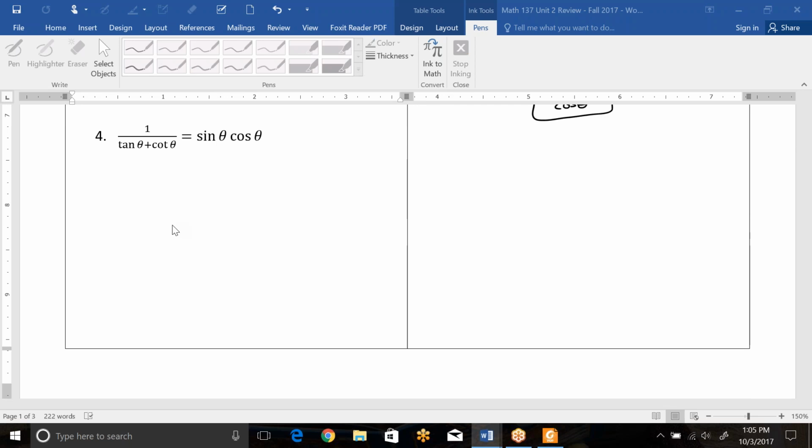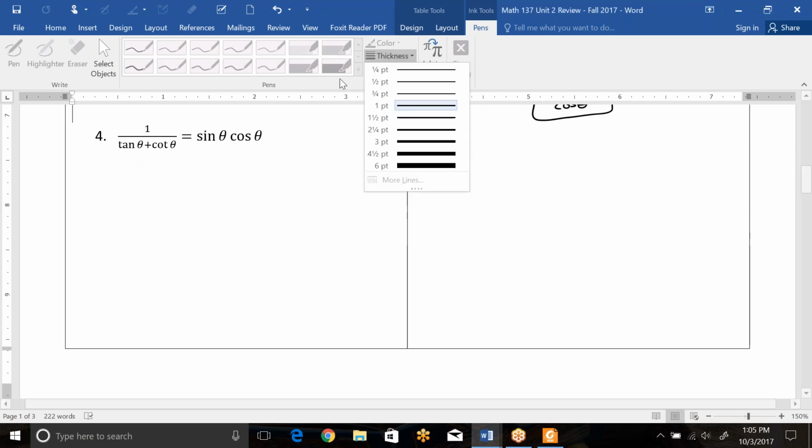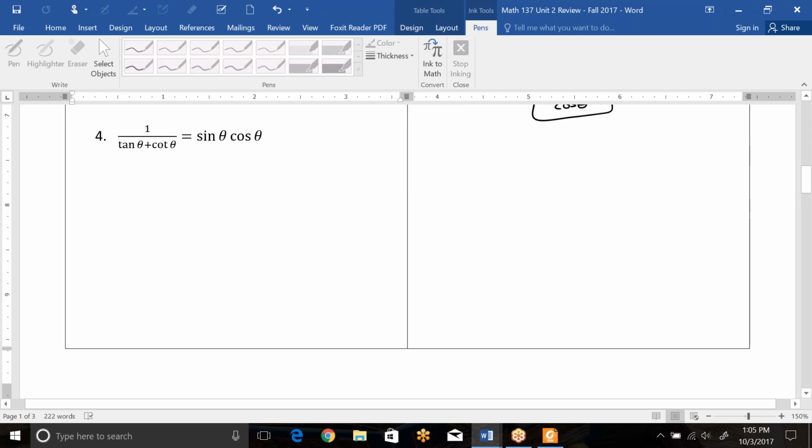Okay, for the last identity, we need to look at this statement. We have a fraction that we're trying to turn into just sine and cosine theta. Because it's a tangent and cotangent, but I don't see anything squared, I'm going to try to convert things to sine and cosine. So this would be sine theta over cosine theta in the bottom plus cosine theta over sine theta, and this is all under 1.